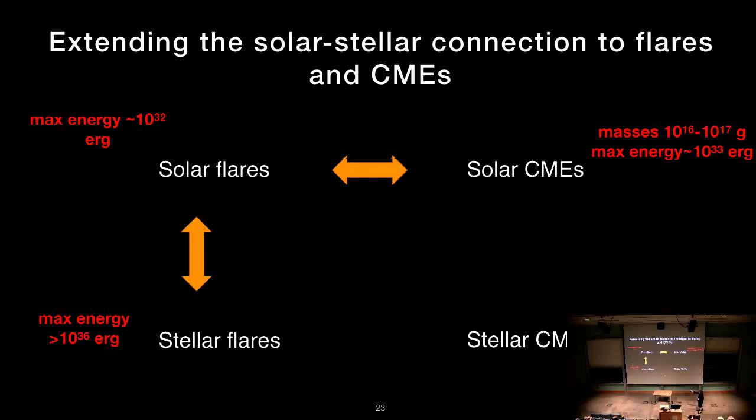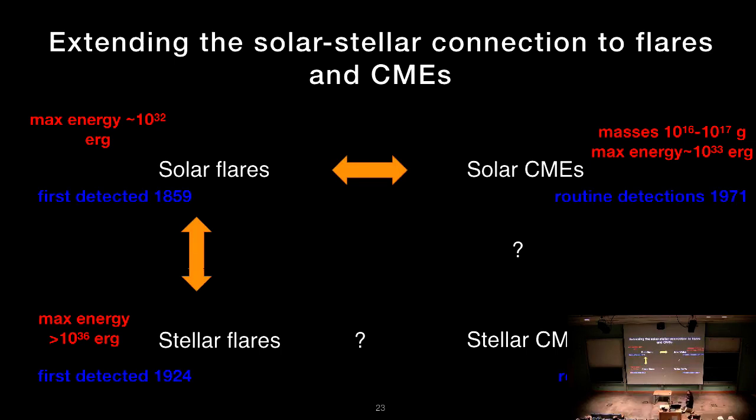You've got 4 orders of magnitude difference in energy between the largest solar flares and the largest stellar flares. What we really want to do is see if we can fill in the lower right corner of this rectangle: a relationship between solar and stellar CMEs, and then between stellar flares and stellar CMEs.